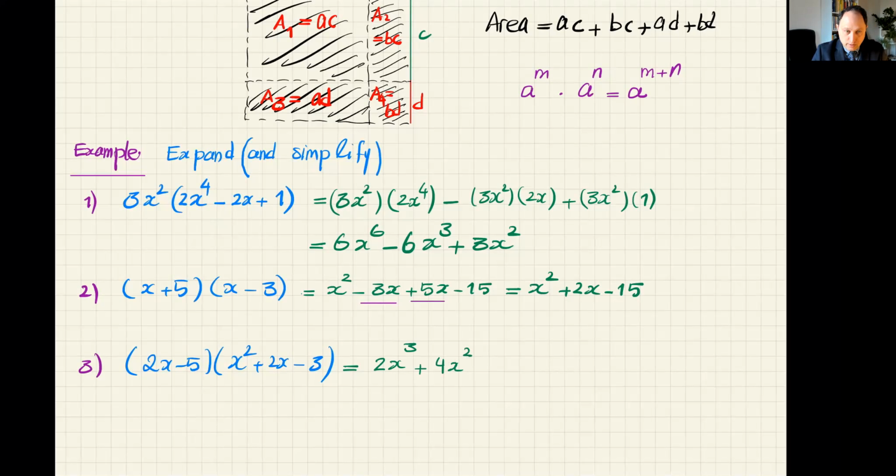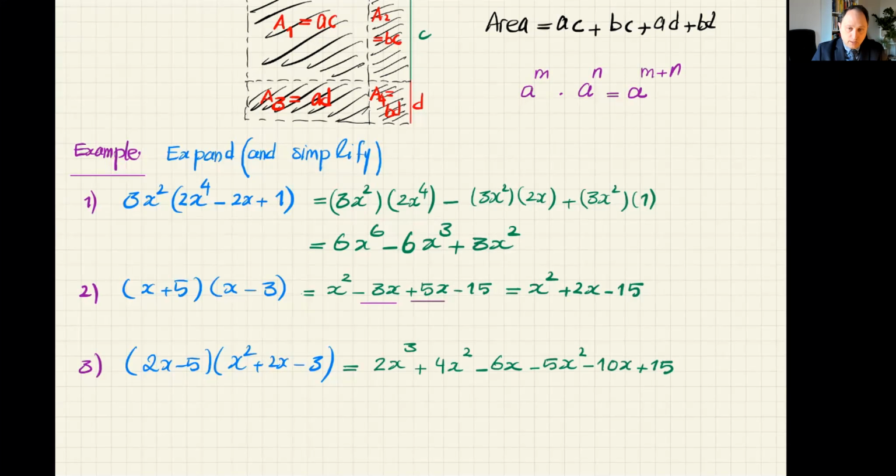Then I multiply 2x by minus 3, so the answer should be negative 6x. Now that 2x is done with all the terms, I go back and choose this term and do the same thing. So I multiply minus 5 here, here, and here. The first one becomes negative 5x squared. The next one becomes negative 10x. The next one becomes positive 15.